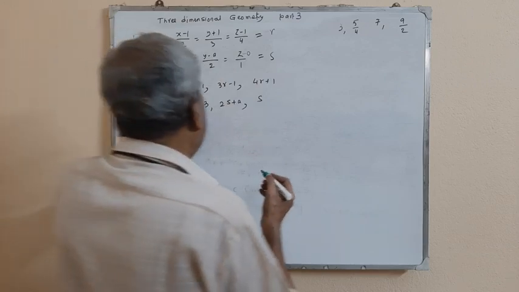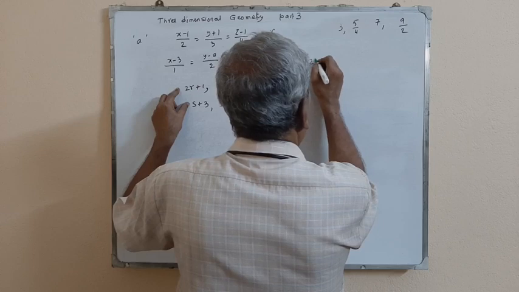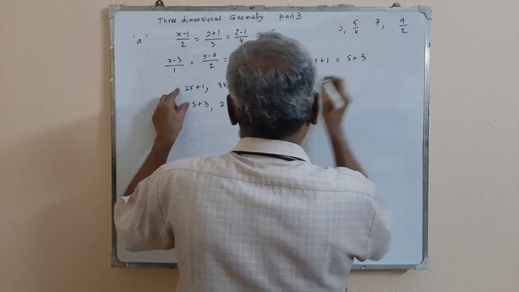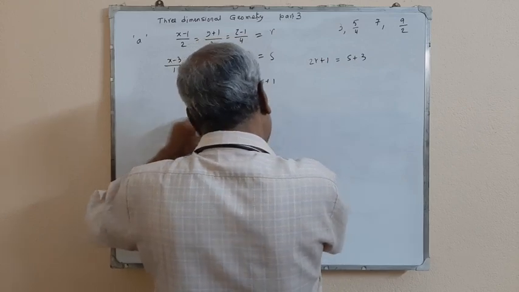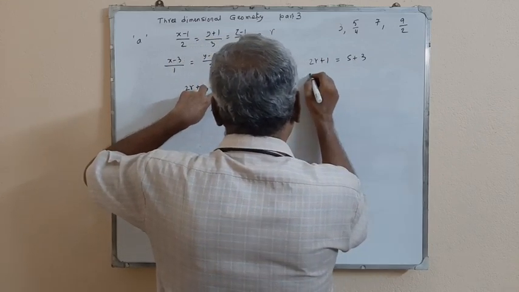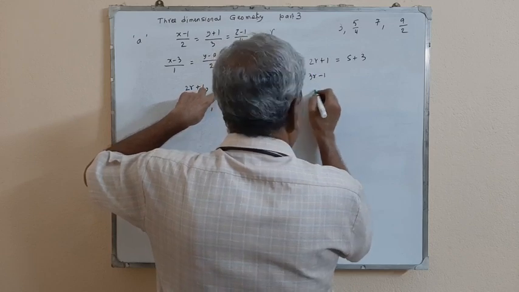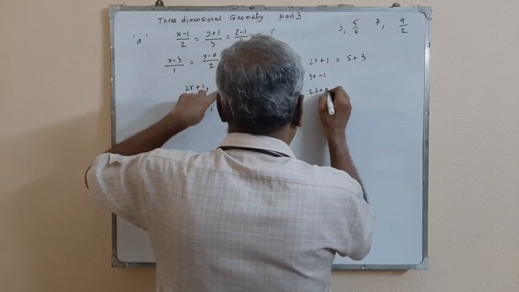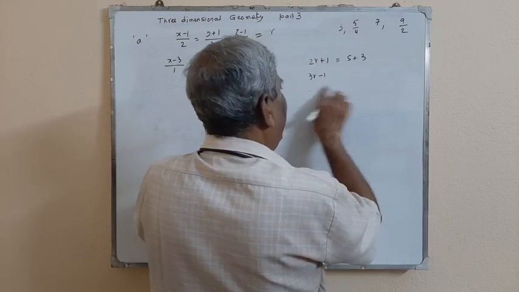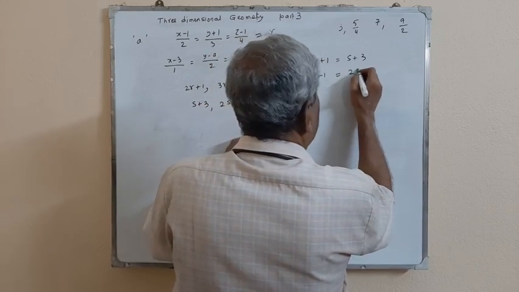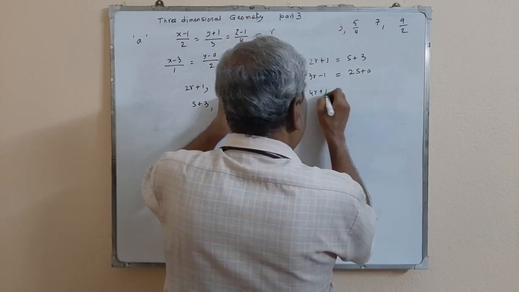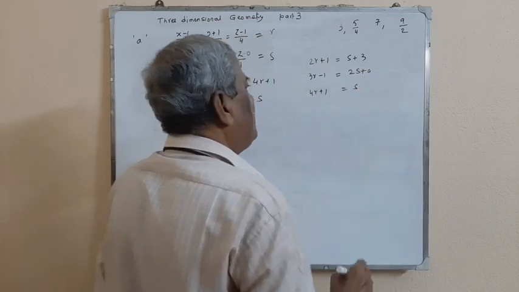That is, we assume that 2r plus 1 is equal to s plus 3. They are the same point, so this component is equal to that component. Similarly, 3r minus 1 is equal to 2s plus a, and 4r plus 1 is equal to s.